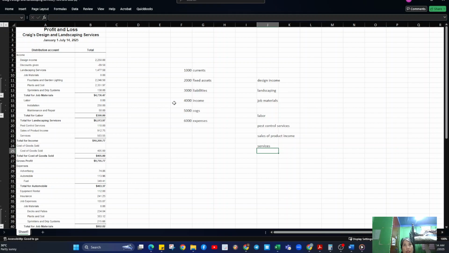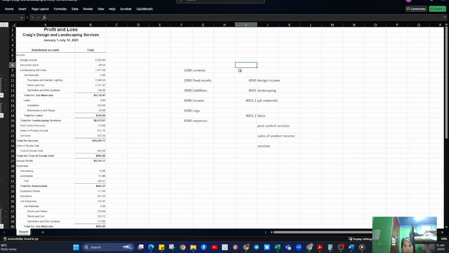So here, since we have identified 4000 to be used as income, we can play around with the numbering. Like here it should be 4000, for landscaping should be 4001. And then since we have here the job materials that would fall under landscaping, this could be 4001.1. And then the labor is also under landscaping, it should be 4001.2.